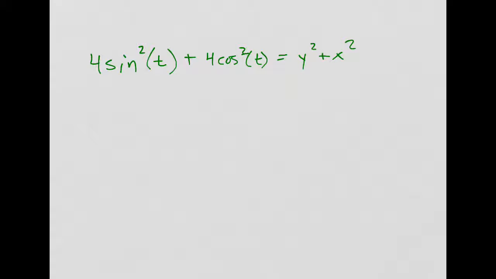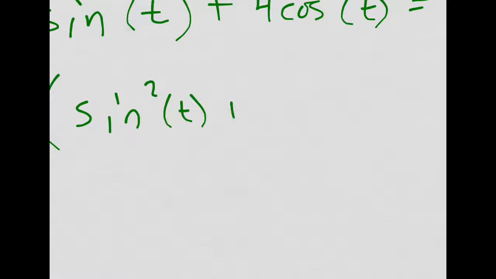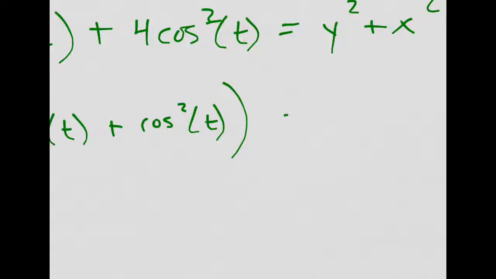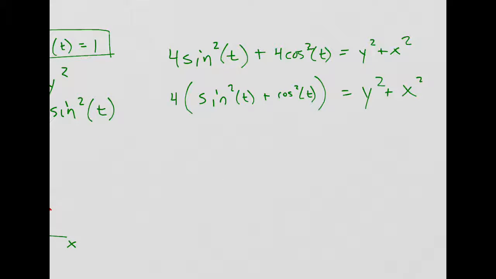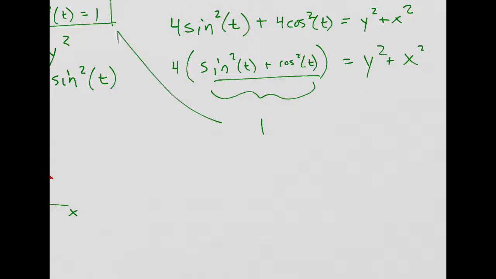So what do I do? Well, I see that I can factor out a 4, so I'll do that. 4 times sine squared t plus cosine squared t. Now I have something that I can work with. This becomes 1 by using that fact over here. And then I have 4 times 1 equals, I'm going to switch those around, x squared plus y squared.